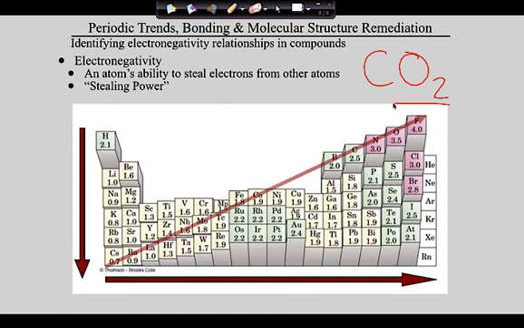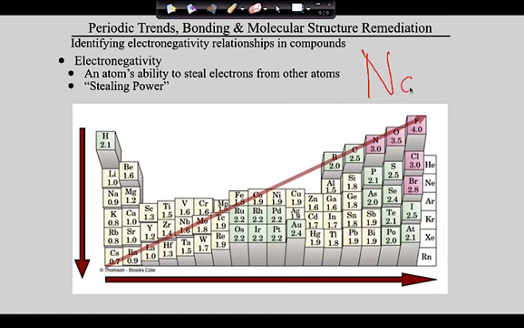But if you didn't remember the trend, all you would need to do is look these up on your periodic table, not the one on the screen, but our periodic table. Oxygen has an electronegativity of 3.44, carbon is 2.55, and you can identify that oxygen is stronger than carbon just by looking up the numbers.